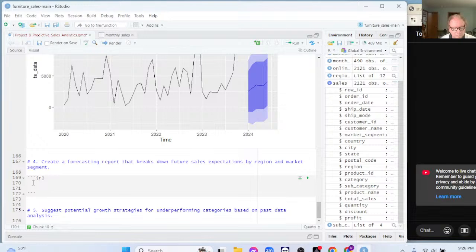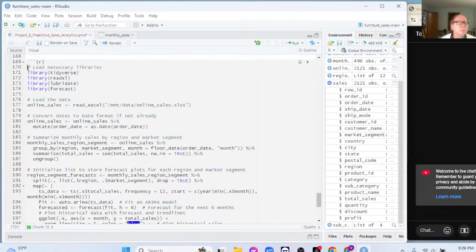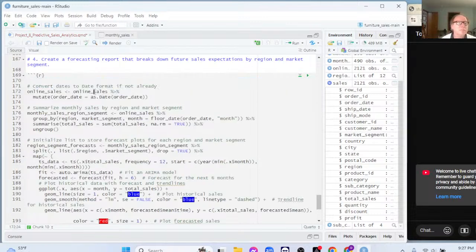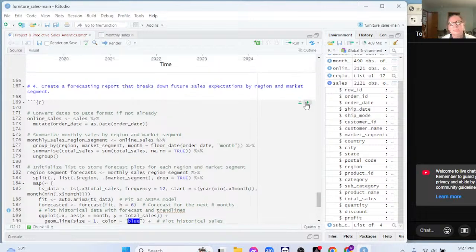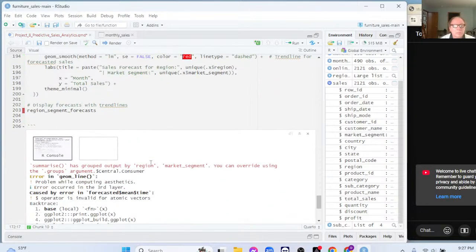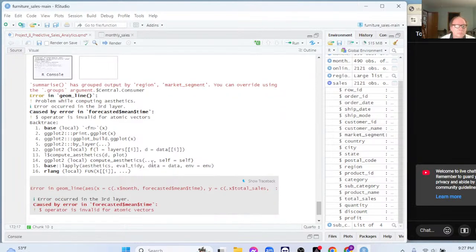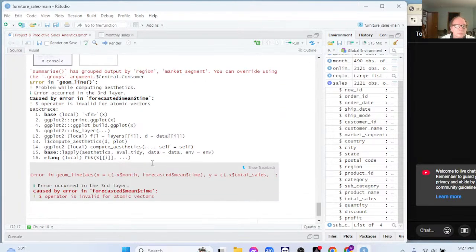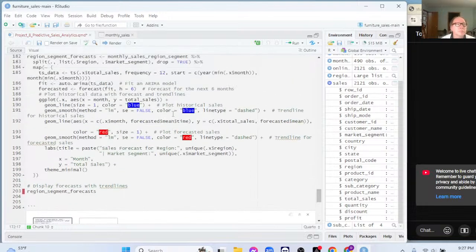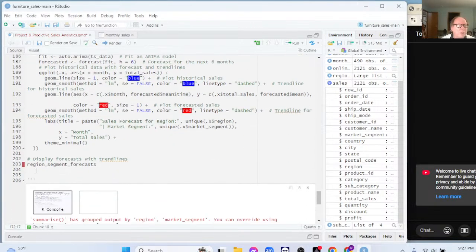Let's look at one. So we'll just look at both of the versions, right? Okay, so it ran all the way down to here, right?